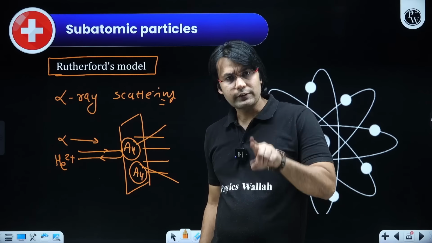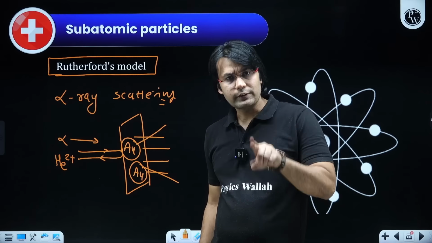So per unit time, per unit volume, right? In a certain volume, whatever number of photons there are, that represents intensity. So more intensity means more photons, and less intensity means fewer photons, right? So when I say I am increasing the intensity, I am giving more and more photons to the metal in the same time, right?